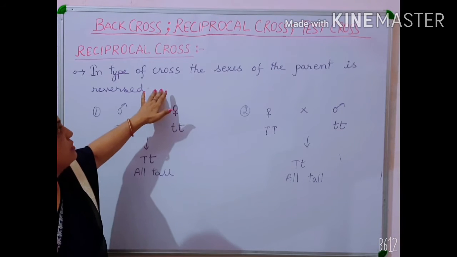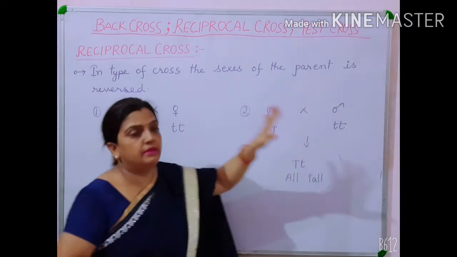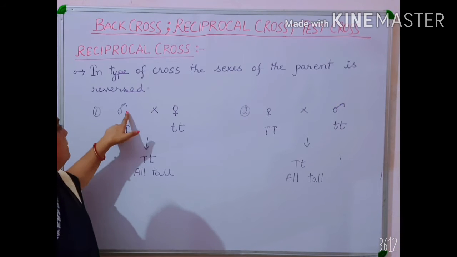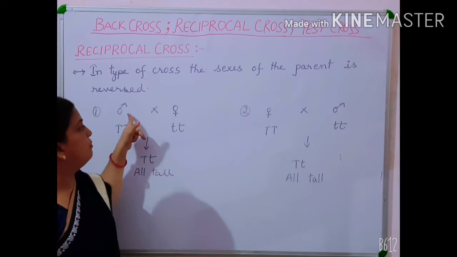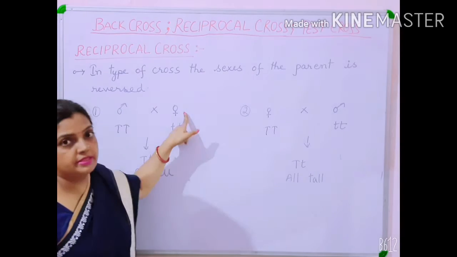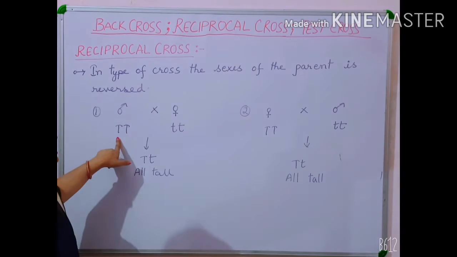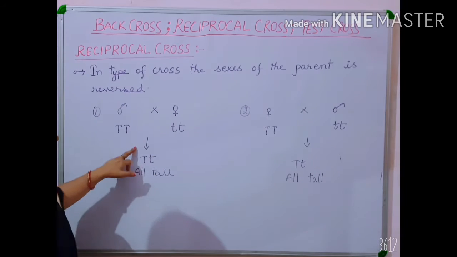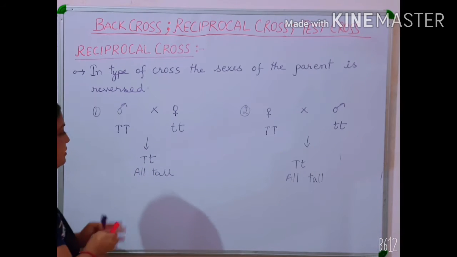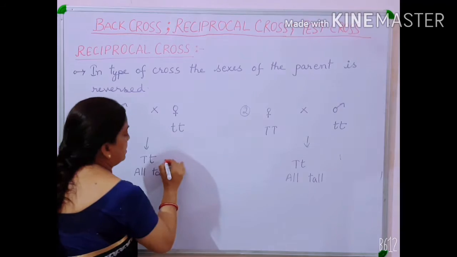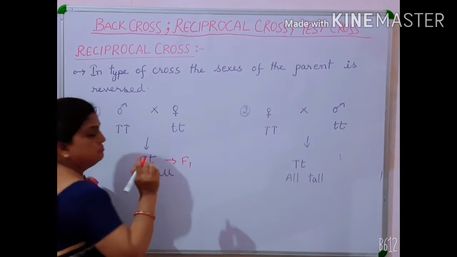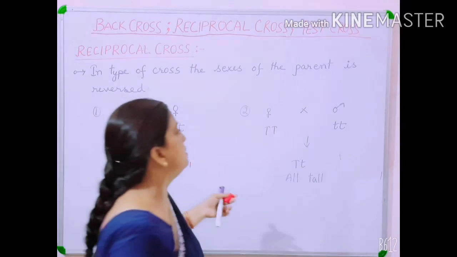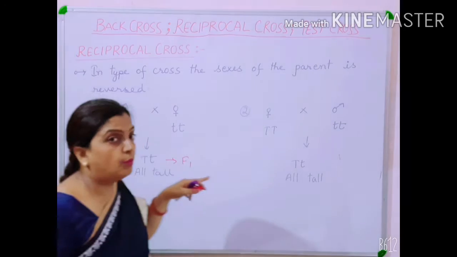So in a reciprocal cross, the sexes of the parents are reversed. In the first example, the male parent is dominant and the female parent is recessive. So capital T for the male and small t for the female, and in the F1 generation we are getting capital T small t, and all are tall. In the second type of cross, what have I changed?